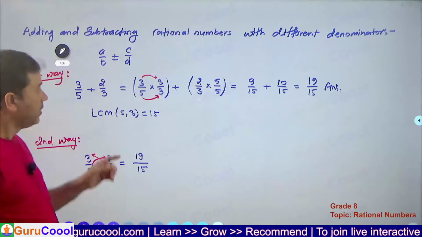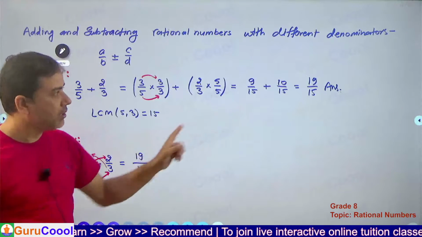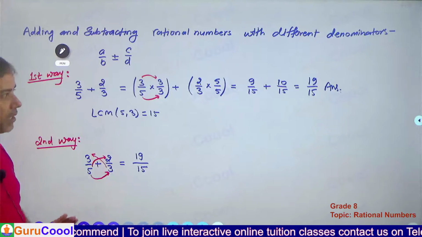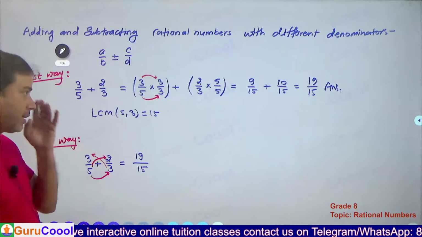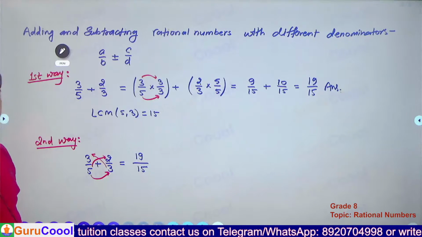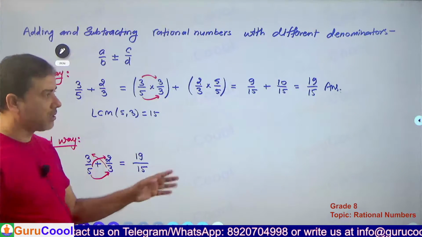Remember, you can change the way, but you cannot change the answer. The answer must be the same. If you are getting different answers, that means it's your fault and you have to check. Changing the method should not change the answer.